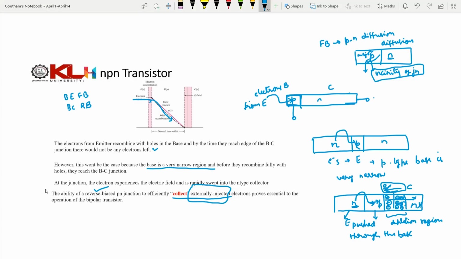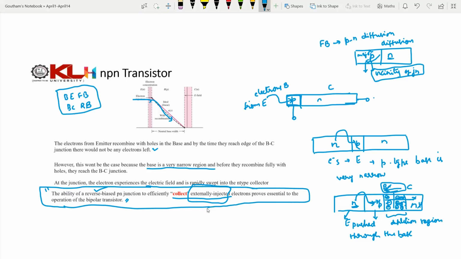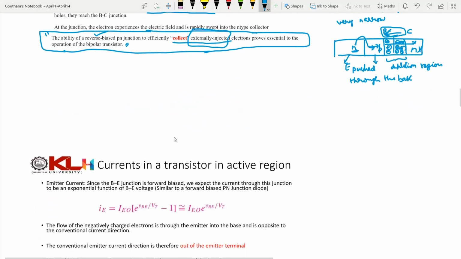This one line from the Donald Neamen textbook summarizes the transistor action in this bias condition, and it is very important for understanding transistor action. This line efficiently summarizes your transistor operation. A beautiful line from a beautiful textbook. So we'll proceed further.